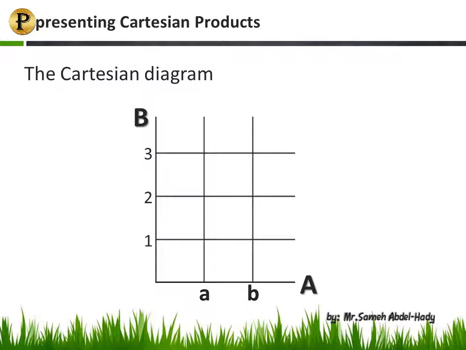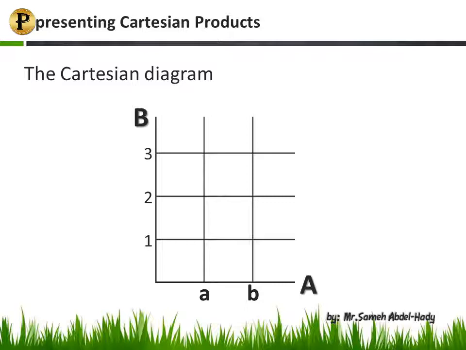The second way to represent the Cartesian product is called the Cartesian diagram or the graphical diagram. I draw a grid, as you see, and plot the elements of the set A horizontally and the elements of the set B vertically, like the x-axis and y-axis.